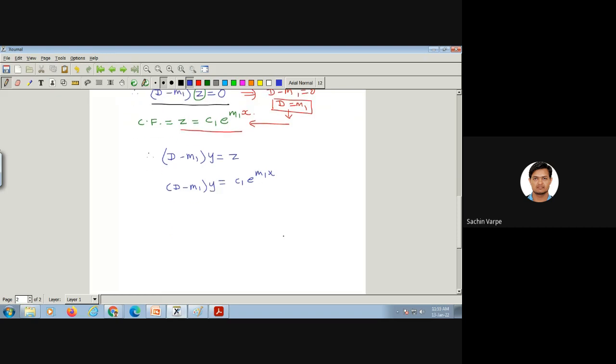Again, if we resubstitute the value of D, and by taking y inside, we will get an equation of this form: dy by dx minus m1 y is equal to c1 e to the power m1 x. So if we look at this, is it in the standard form of a linear differential equation of first order first degree?